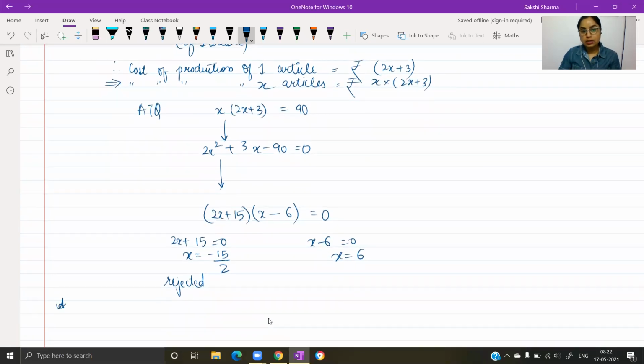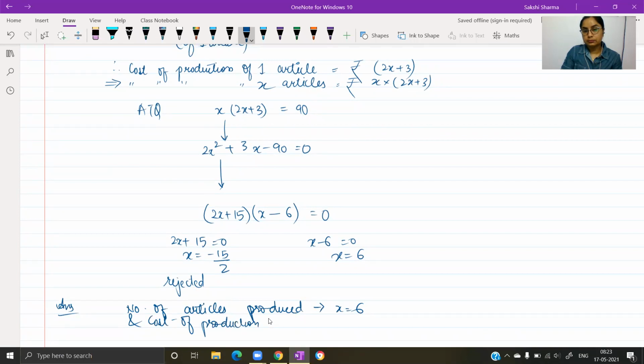Provide with the answer, the number of articles, and the cost of each. This was 2x plus 3, which comes out to be 15 rupees.